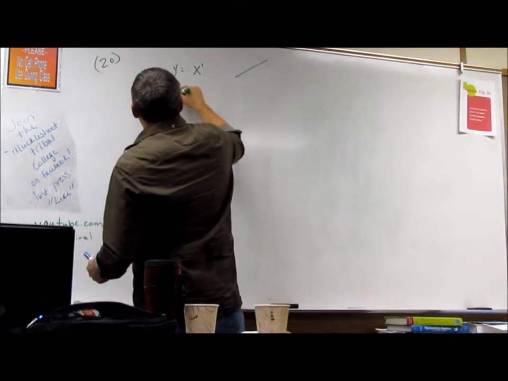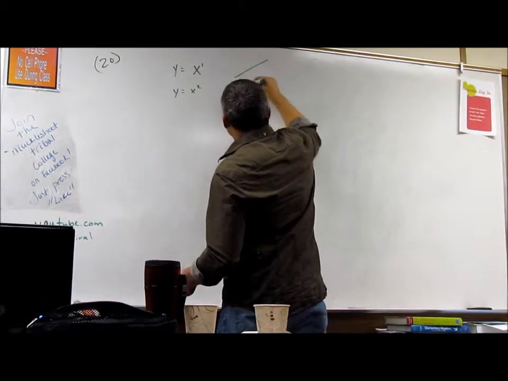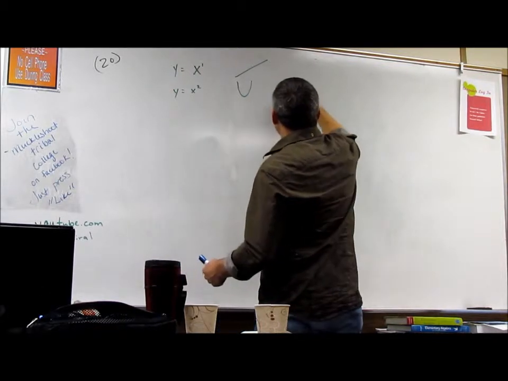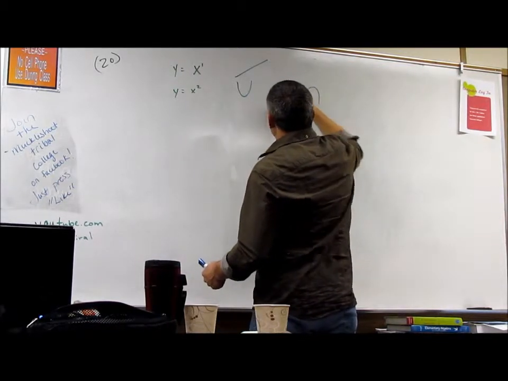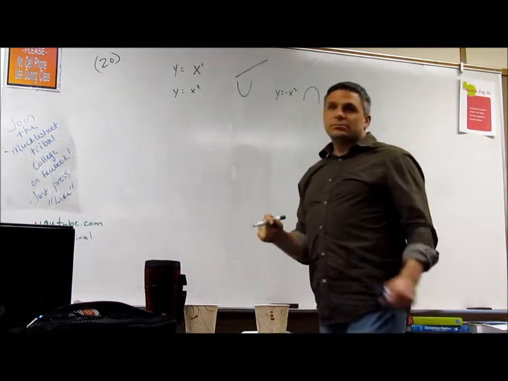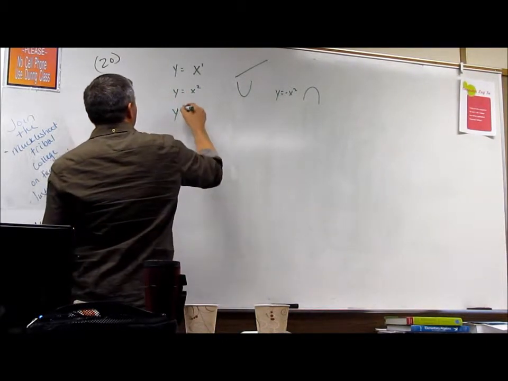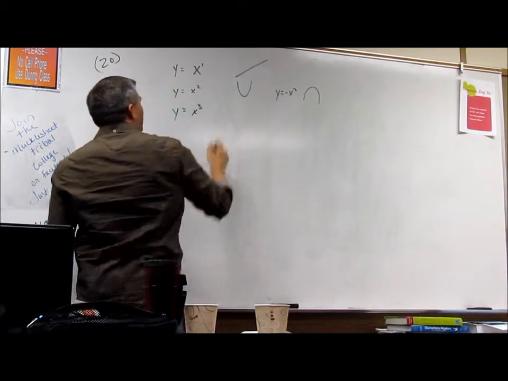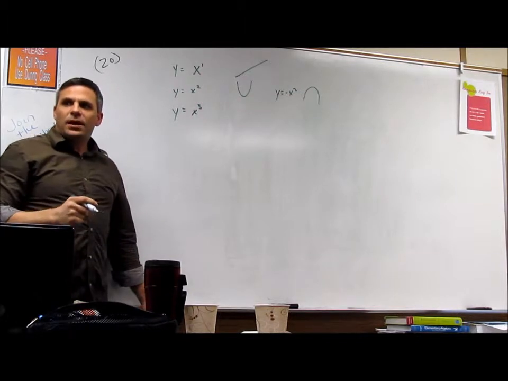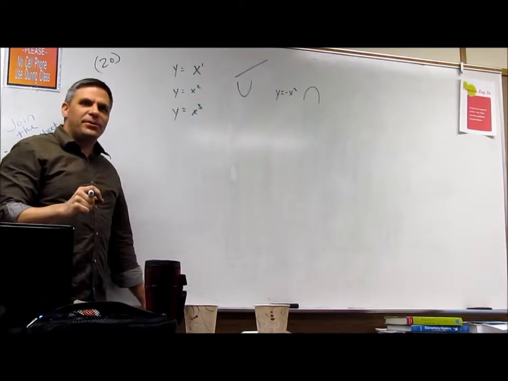With y equals x squared, you're dealing with a parabola of some sort. Now it could look like this, or it may look like this, and that would be y equals a negative x squared. Okay? And then we take it a step further and we go, okay, what about x cubed?